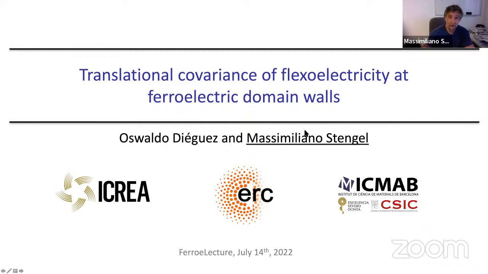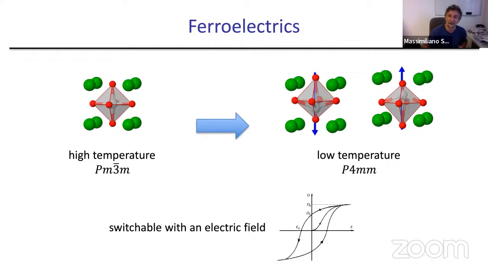So my talk will be about domain walls and flexoelectricity. But let me start from the very beginning with ferroelectrics, which are materials that you all know very well about. Ferroelectrics are materials that typically have a phase transition from a high temperature, high symmetry phase, for example a cubic perovskite, like in the case of barium titanate and other well-known ferroelectrics, to a low temperature phase, which is polar.